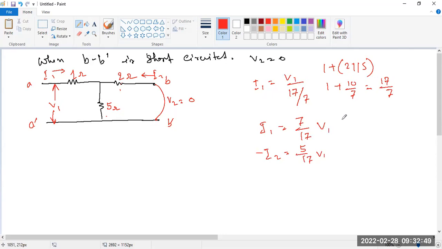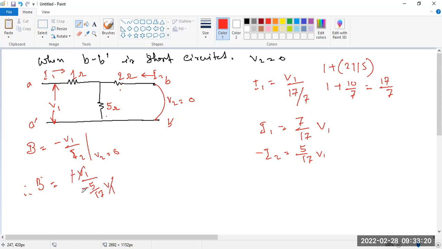So B equal to minus V1 by I2 when V2 is equal to 0. So B equal to minus of V1 by minus of 5 by 17 V1.